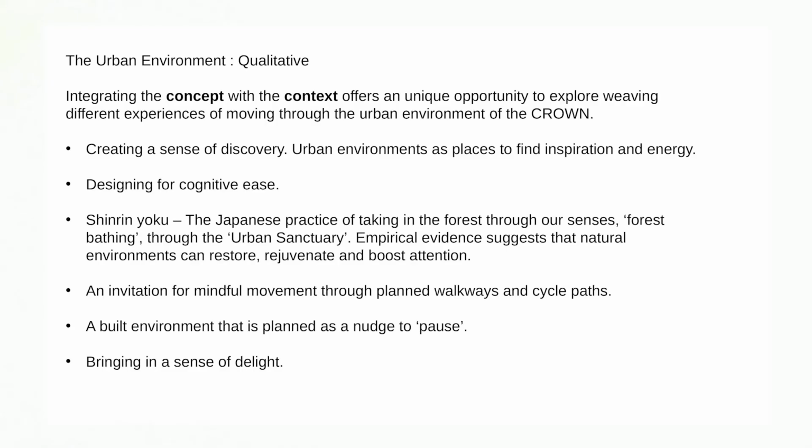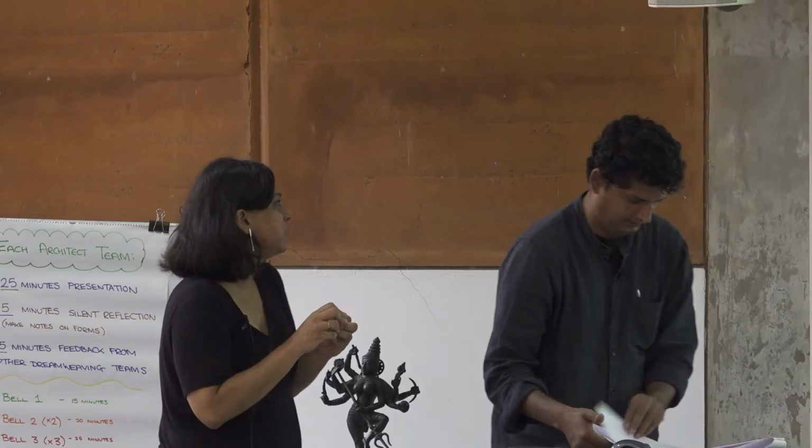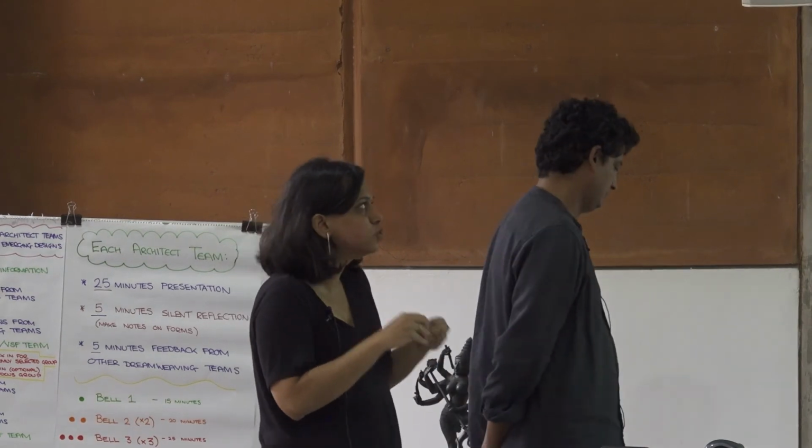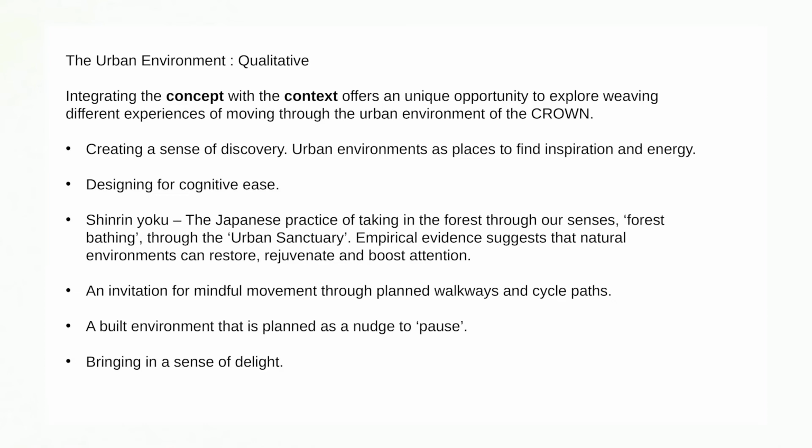So for the qualitative side, we just tried to dabble a little bit. We're trying to understand how integrating the concept with the context offers a very unique opportunity to explore weaving different experiences of moving through the urban environment of the crown, creating a sense of discovery. Urban environments are places to find inspiration and energy.